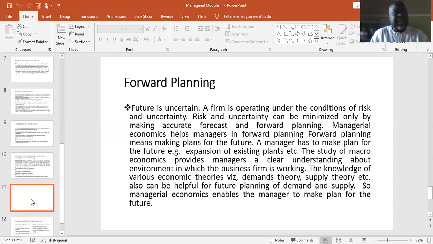So that's why a farm should always have a plan A, plan B, plan C, so that in every circumstance, it has already thought about a way out. Now, a manager has to make plans for the future, e.g. expansion of existing plants. The study of macroeconomics provides managers a clear understanding of the environment in which the farm is working.